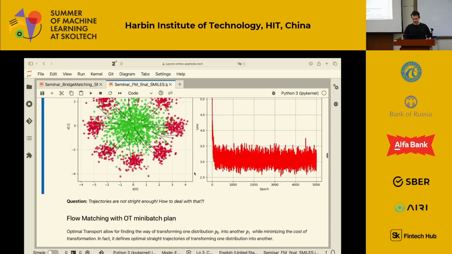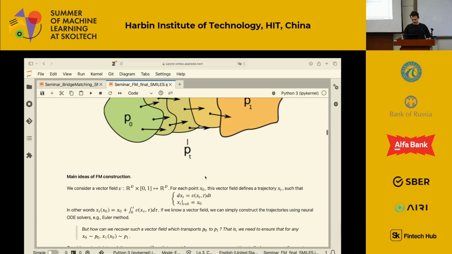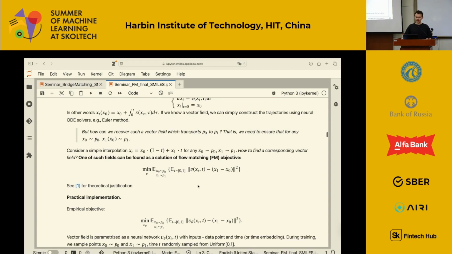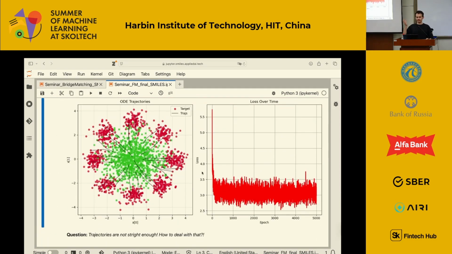Yeah, so I have just shown a bit of straight trajectories, but let's take a look at the loss. As you may remember, this is our loss. This is just a regression loss, and hence it is always greater than 0, because it is basically a math expectation of an L2 norm. But what is the interesting thing, because in many cases you are used to the fact that the optimal loss should be near 0.